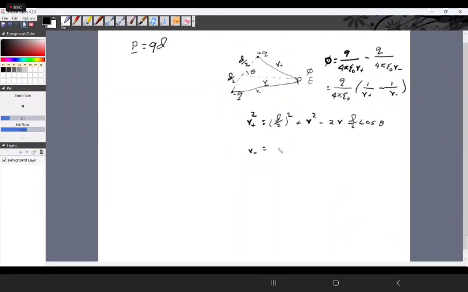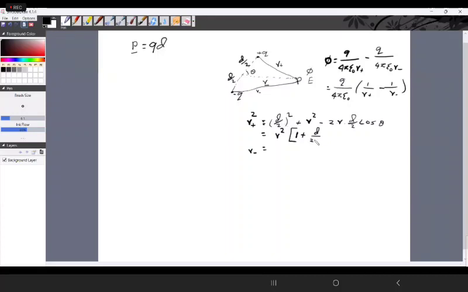Okay. So here, I'm going to take r squared outside. If I take r squared outside, what I have is 1 plus d over 2r all squared, since it should be divided by r squared.